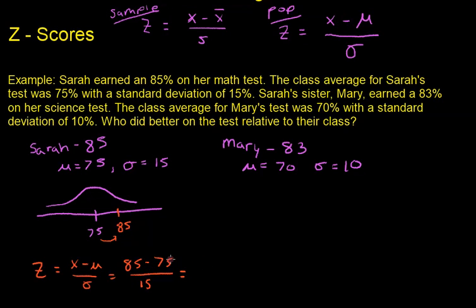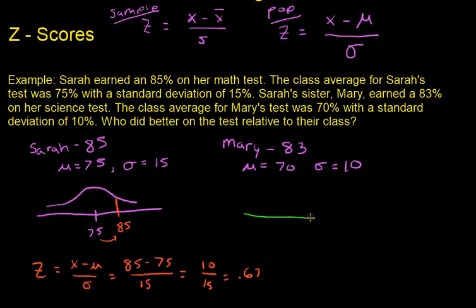That's 10 divided by 15, which is 0.67. So Sarah scored 0.67 standard deviations higher than the mean. Now let's think about Mary's score.